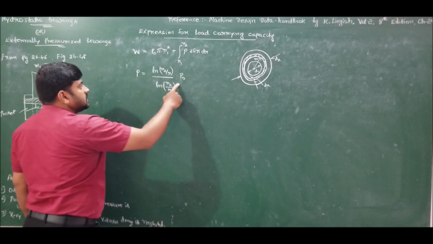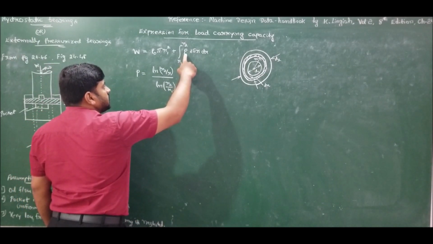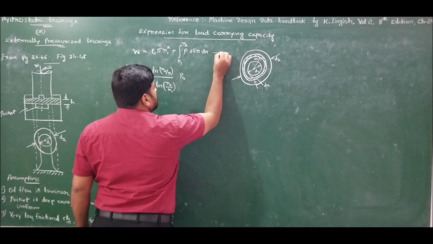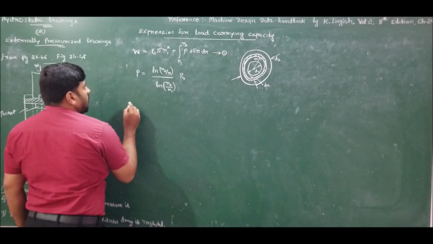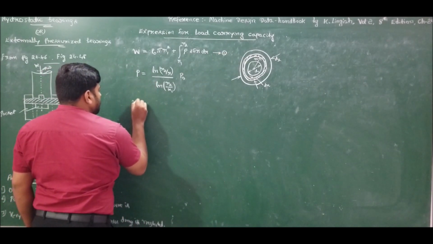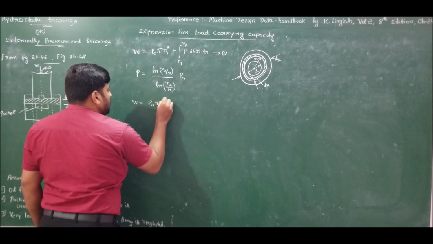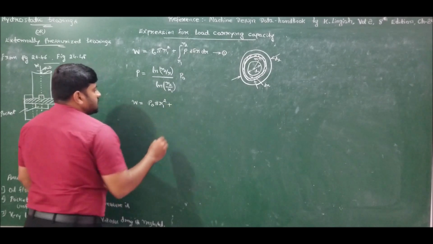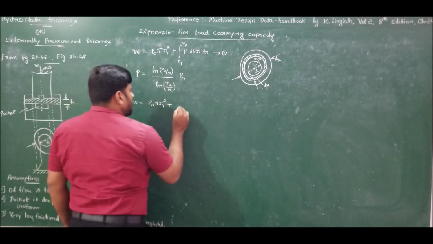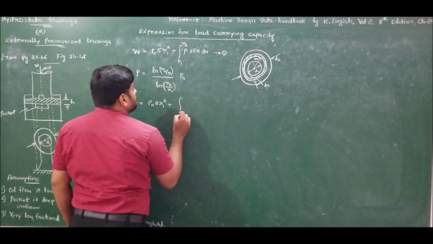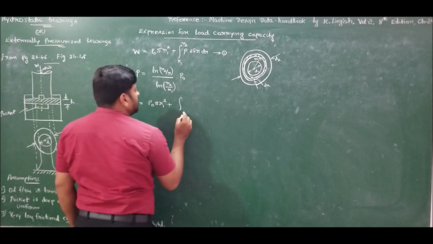So substitute this pressure distribution equation in equation number 1 and simplify. I will get the load carrying capacity W equal to P0 times pi R1 square, which is the resistance force from the pocket, plus the resistance force from the surface area of the journal.